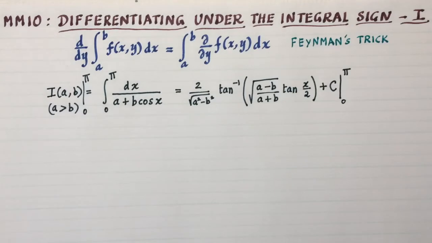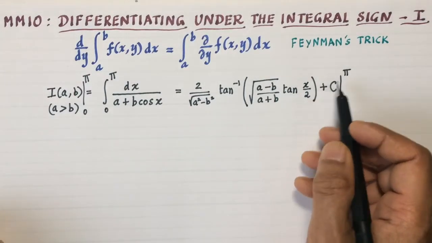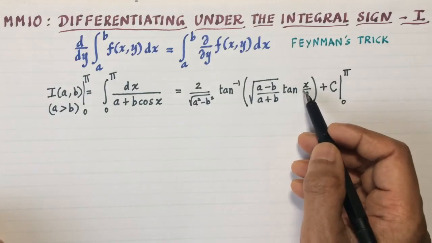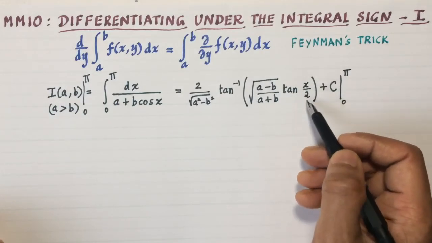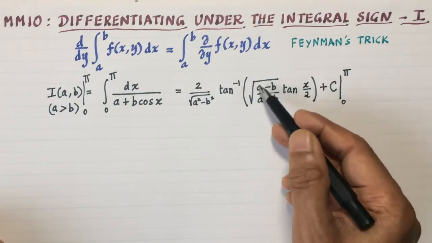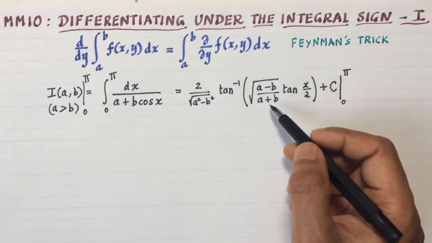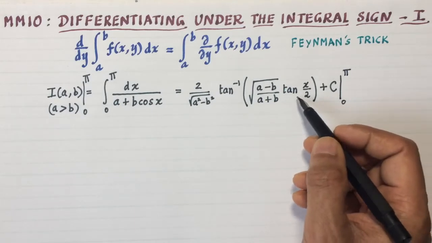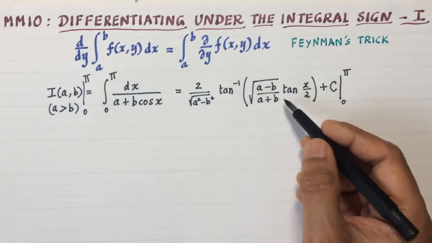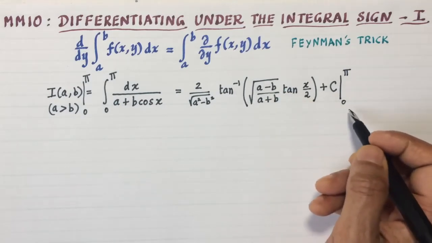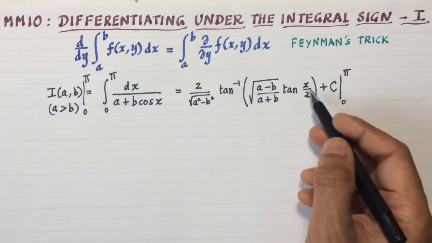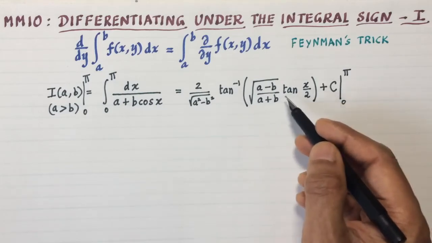First of all, when I substitute the upper limit, I'm going to get tangent of pi over 2, that's infinity, times a real number, because a is bigger than b, this whole thing is a real number, so it's still infinity. And the inverse tangent of infinity is pi over 2. The lower limit yields nothing because tan of 0 is 0 and the arctangent of 0 is still 0.